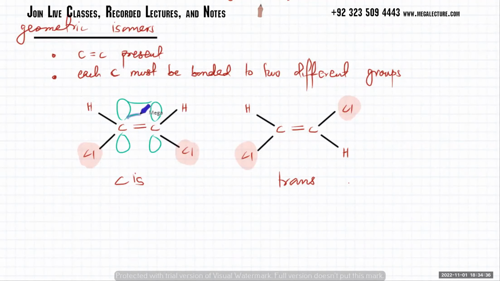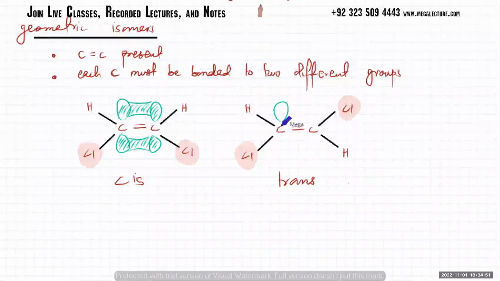The orbitals are overlapping above and below. So rotation is not possible when you have a pi bond. And there's a pi bond on the other one as well. उधर भी same issue है.